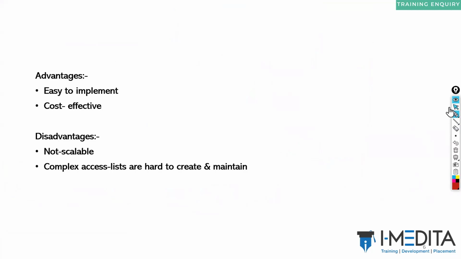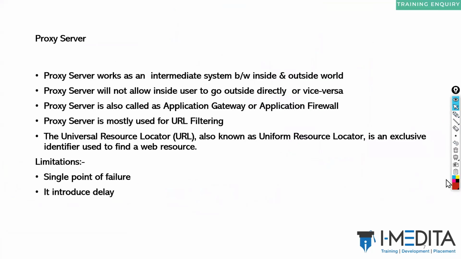After packet filtering, let's move to the next topic, which is our proxy server. Before going to the definition, let's understand it with the help of a diagram. To understand it, we have a PC.